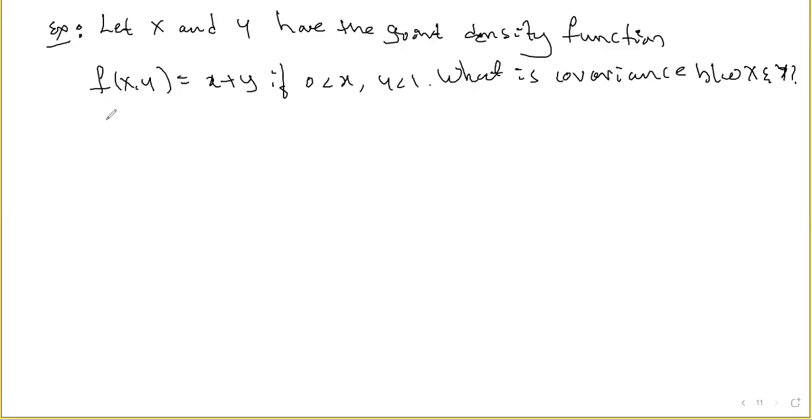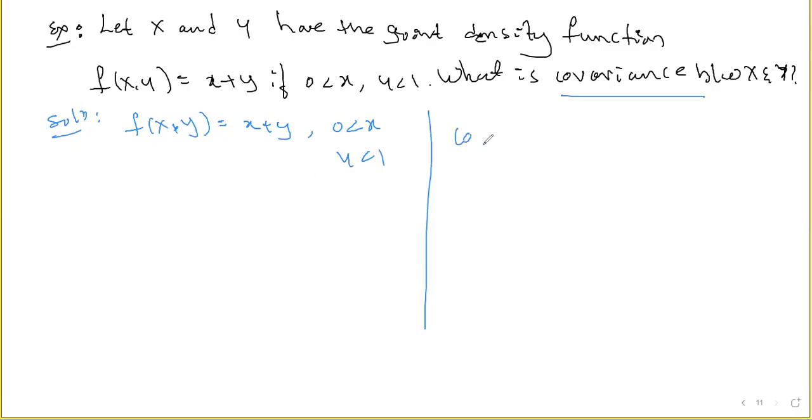Solution. So they given f of xy is a probability density function. It means that it is a continuous case, right? So here they given f of x comma y is nothing but x plus y, and they mentioned range of x also, right? Next, what they are going to find out? They are going to find out covariance, right?